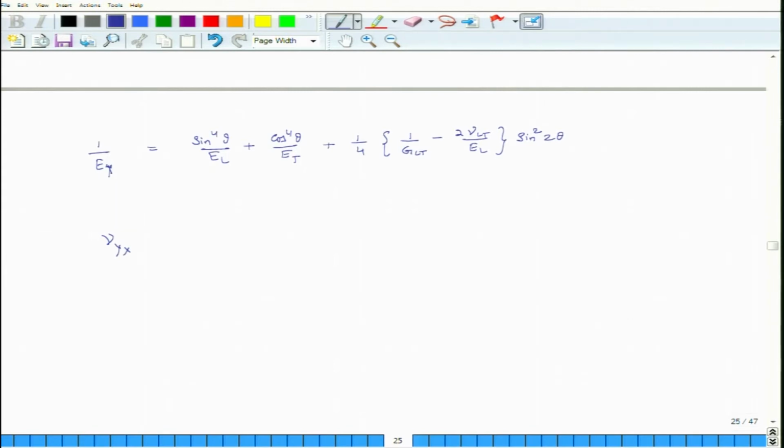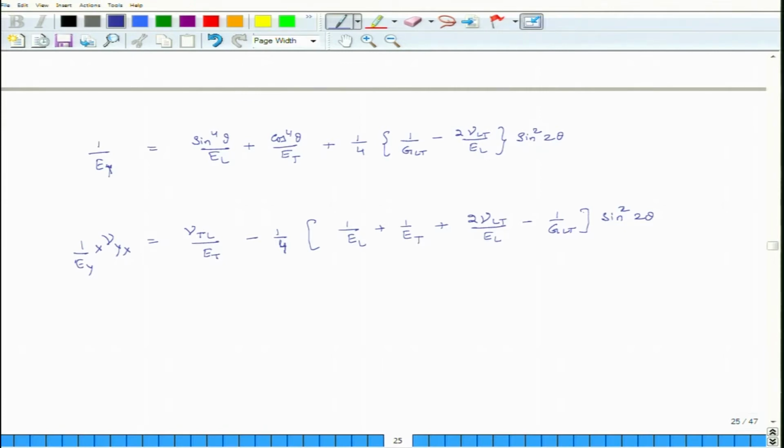So gamma yx is equal to nu TL over Et, and this is 1 over Ey on the right side, minus 1 by 4 times 1 over EL plus 1 over Et plus 2 nu LT divided by EL minus 1 over GLT, times sin square 2 theta.